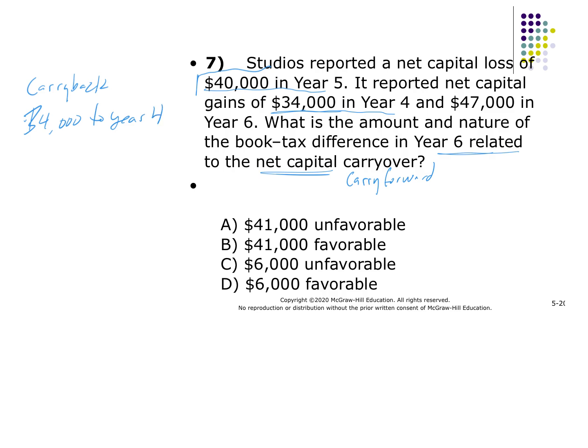All right. And so they're going to have to amend year 4's return. That's how that will happen, right? They get this capital loss in year 5, and they go, hey, wait, we could carry that back and amend our year 4 return and essentially net to zero that $34,000 of gain.